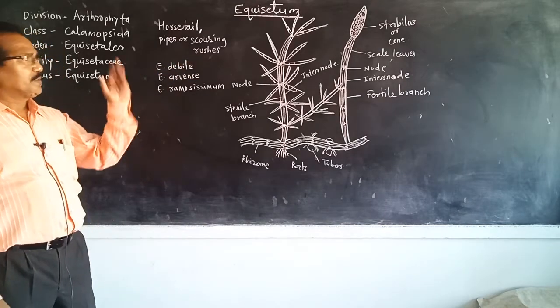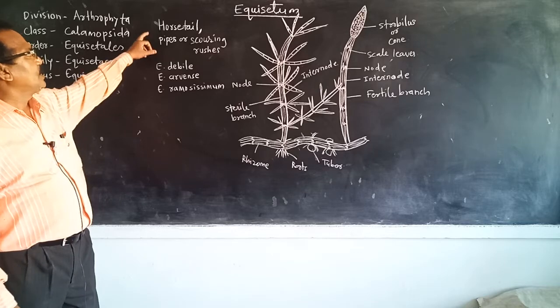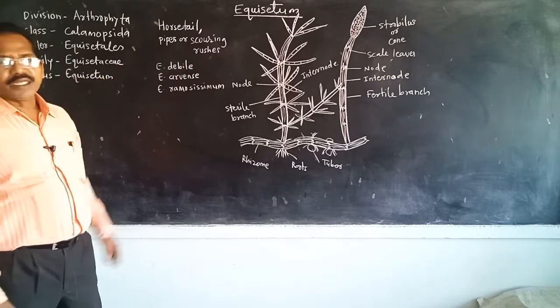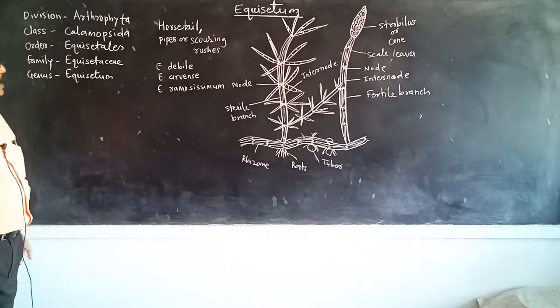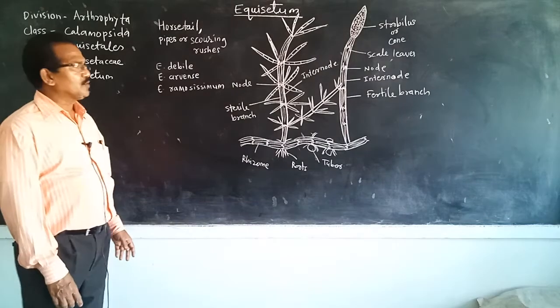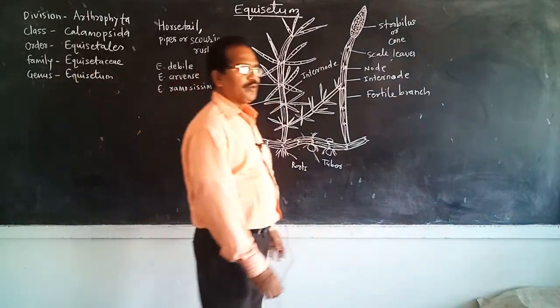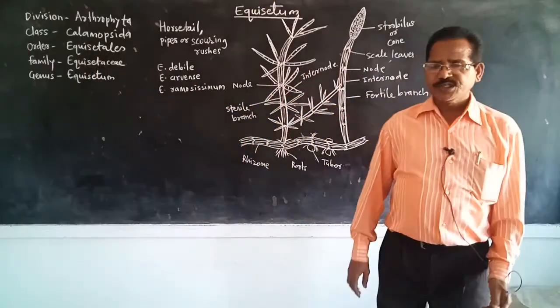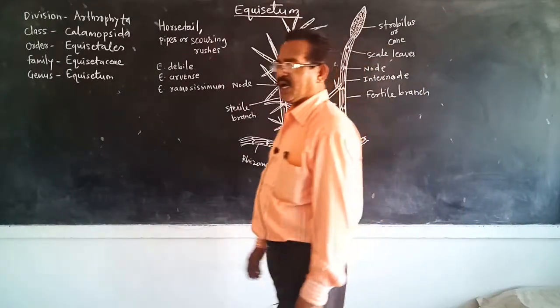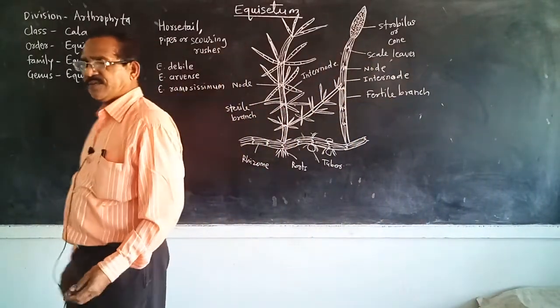Due to its appearance, it is also called horse-tail, pipes or scouring rushes, and it has about 30 species worldwide in distribution except Australia and New Zealand.